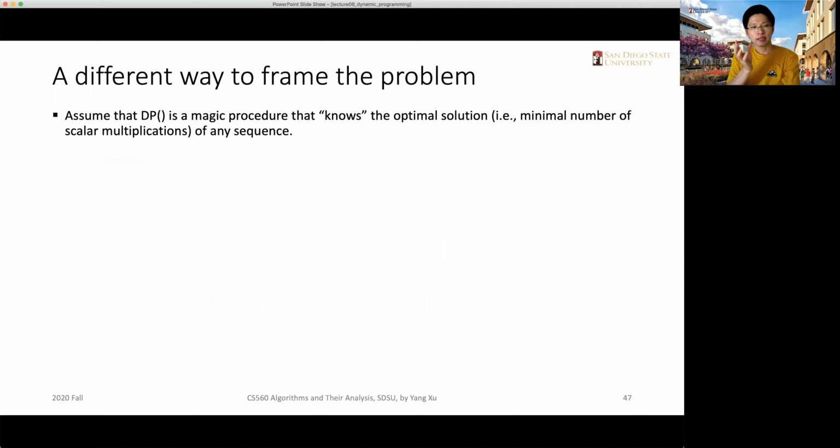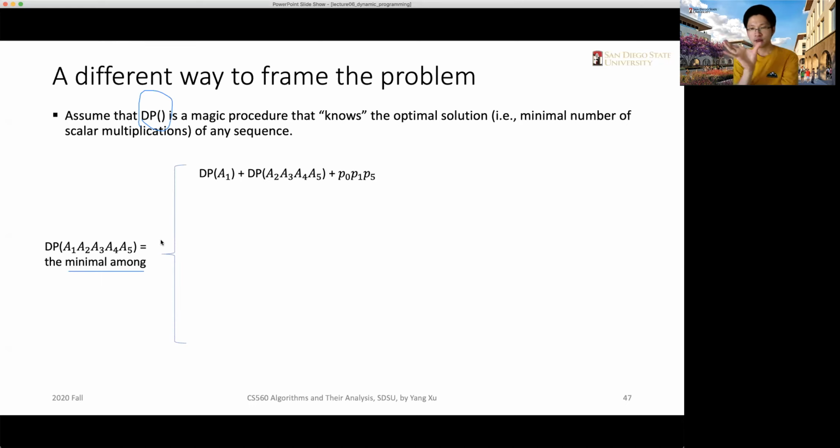We can assume that we have some arbitrary or magical function called dp. It's a magic procedure that knows the optimal solution, which is the minimal number of multiplications for any sequence. So we can write it in this way. The dp of this input chain from A1 to A5 is the minimum among a bunch of choices. I'll write these choices down.